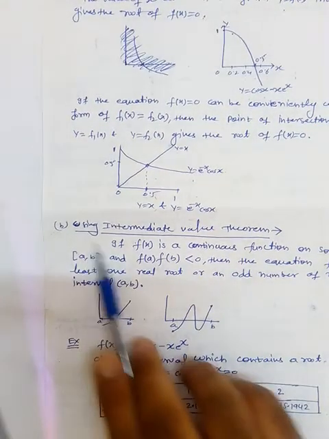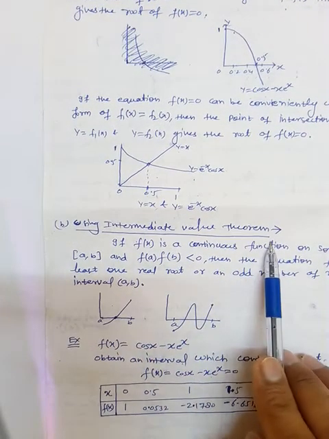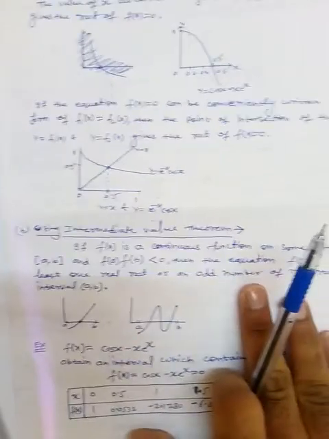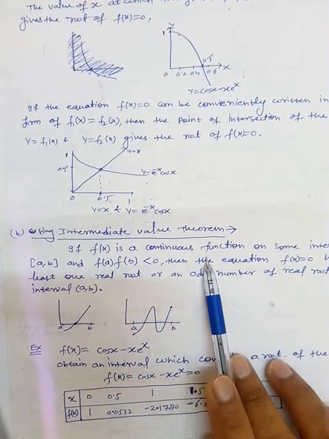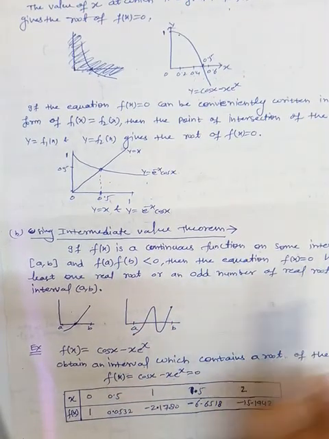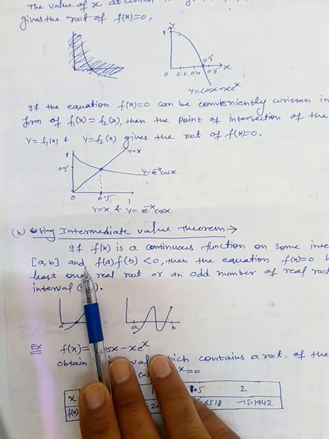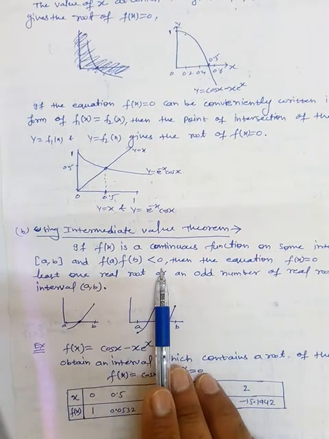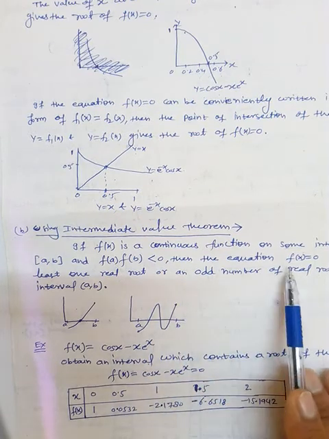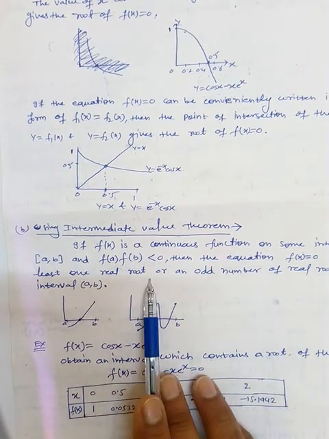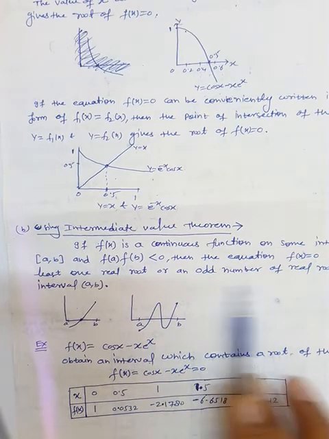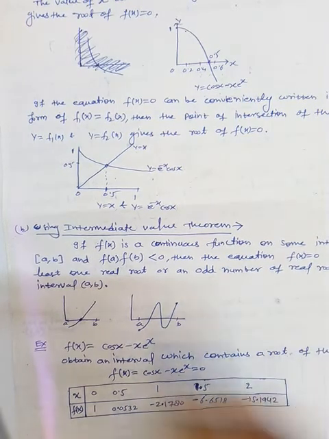Now the second, use of intermediate value theorem. So if f of x is a continuous function on some closed interval ab, and f of a into f of b is less than 0, then the equation f of x has at least one real root or an odd number of real roots in the interval ab.